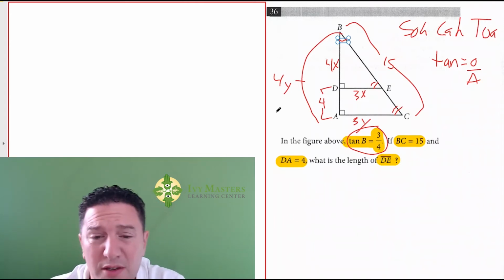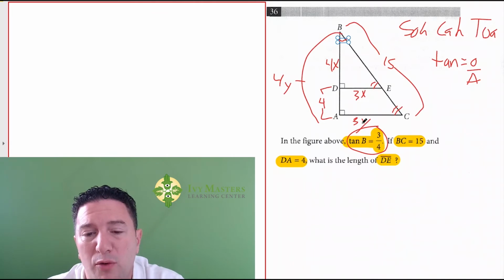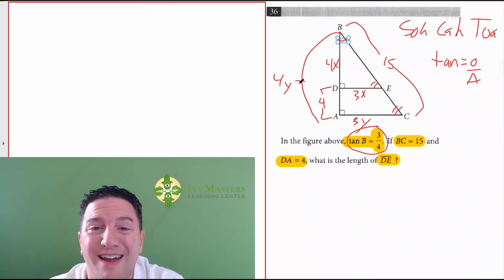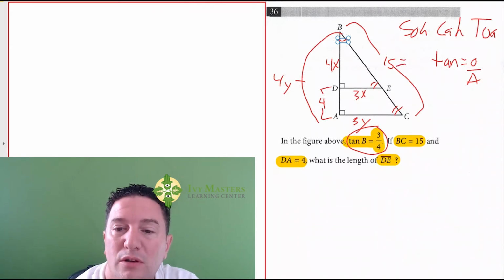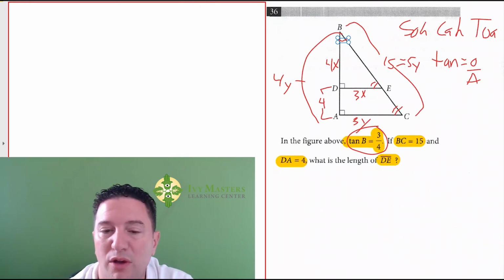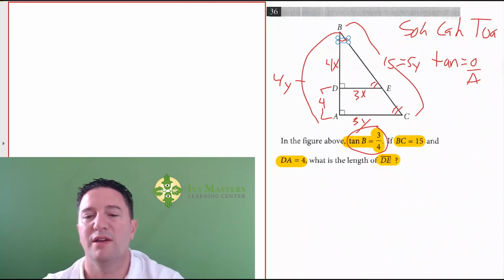You might notice that if you've got a right triangle and the legs have a ratio of 3 to 4, it is a 3, 4, 5 triangle. In which case, 15 would equal 5y, and then you could solve for y. The y is 3. You could plug in and solve for the other sides, which we'll get to.